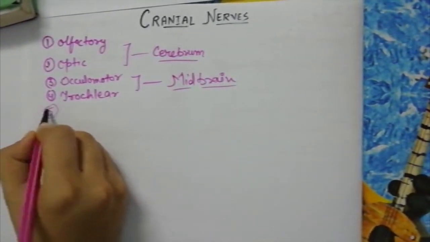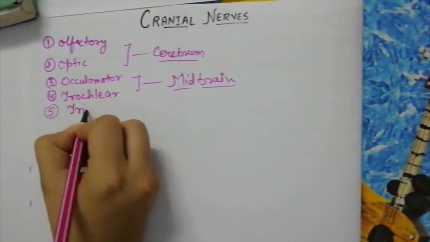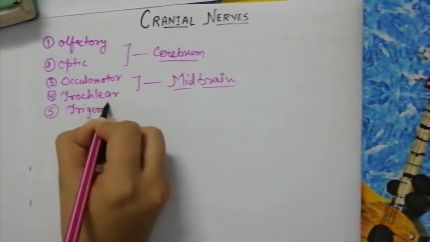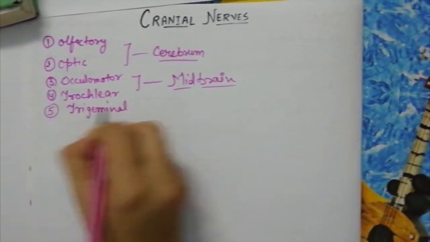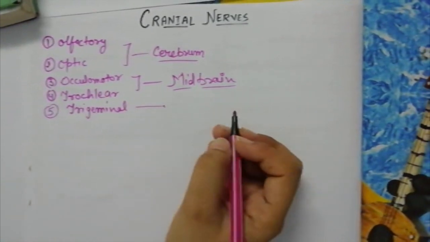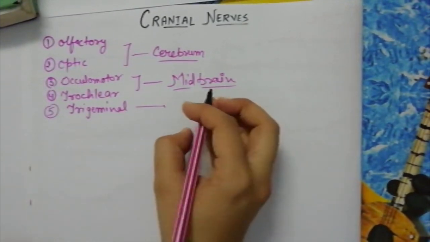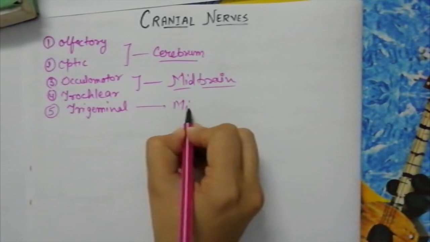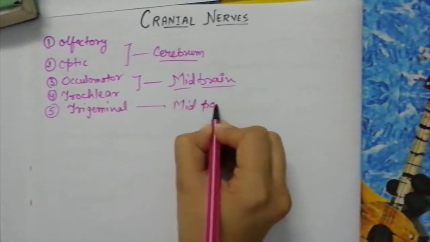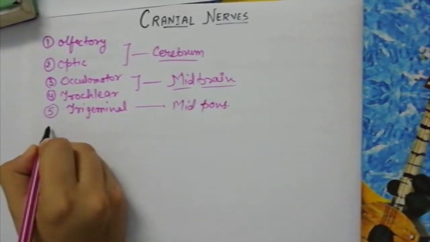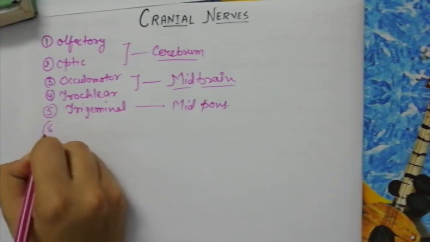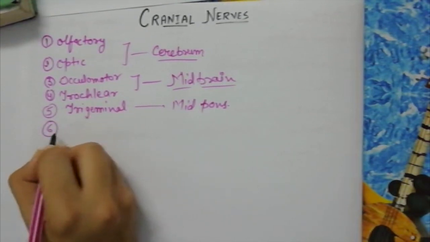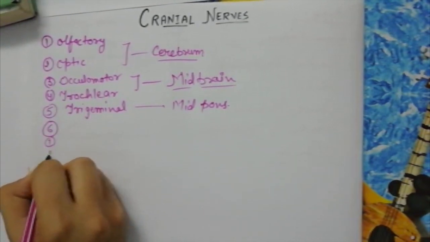And fifth, which is the trigeminal nerve, is related to the pons, the mid of the pons. And sixth, which is abducent, seventh, and eighth.